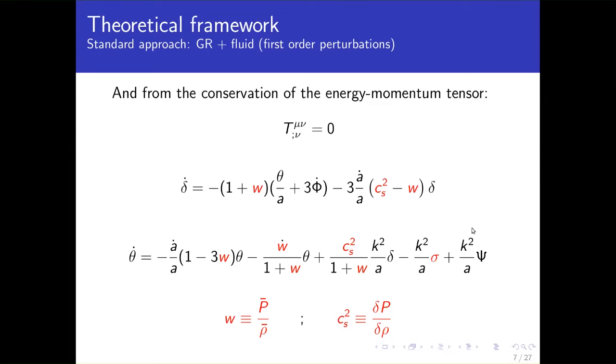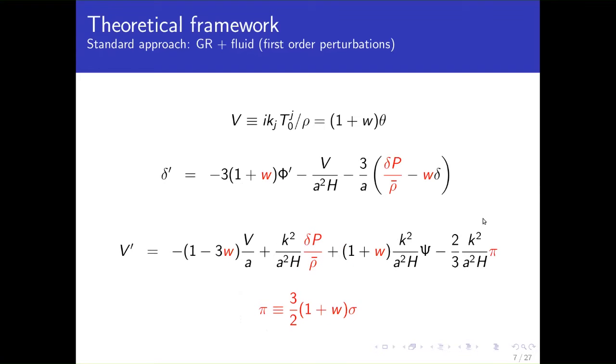However, in this form, the equation for the velocity might have problems because of the crossing of the equation of state through -1. But it's not actually a problem, because we can redefine the variables in this way so that we have no problems with that. And this is the system of differential equations that the Boltzmann code solves, basically.